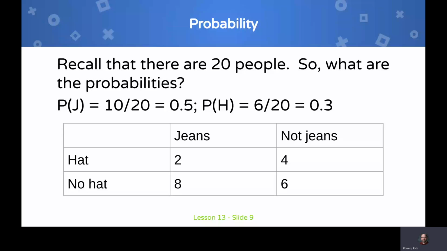The probability of wearing jeans is 10 divided by 20, which is 0.5. The probability of wearing hats is 6 out of 20, which would be 0.3.